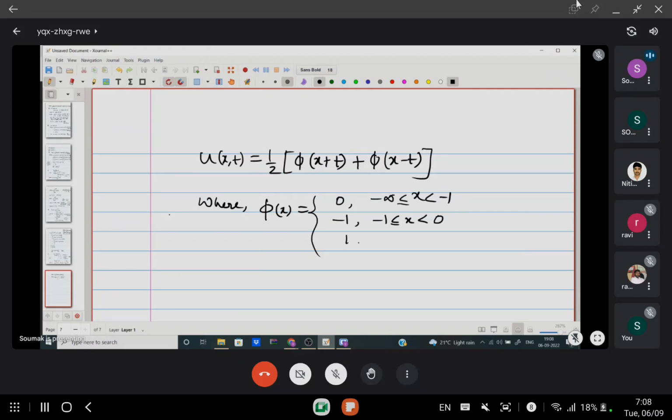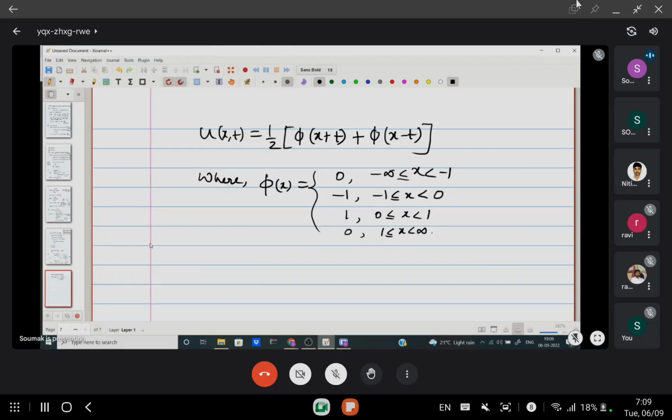It is 1 when 0 to 1, and it is 0 when 1 to infinity. So we have to find how many distinct terms are there in phi. Can you tell me? 1, 2, 3, right? 3. So now you have to find distinct terms for u.